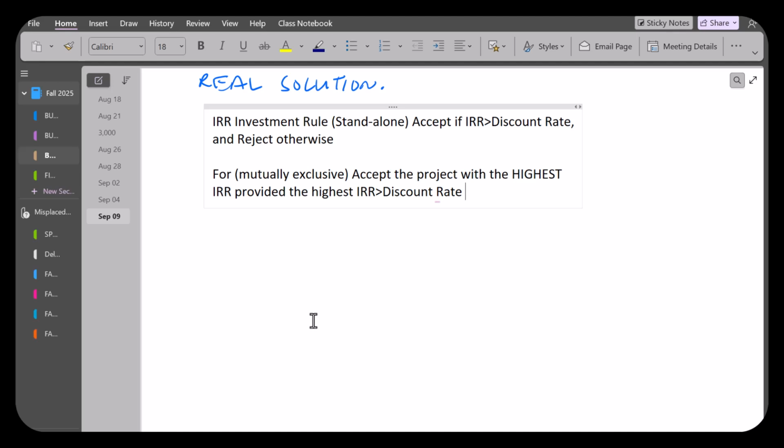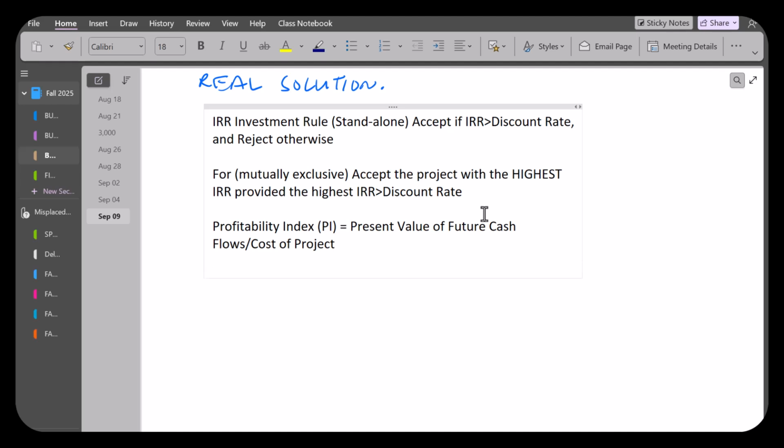There's another criterion called the profitability index, and we're going to abbreviate that to PI. That's essentially the present value of future cash flows divided by the cost of the project.